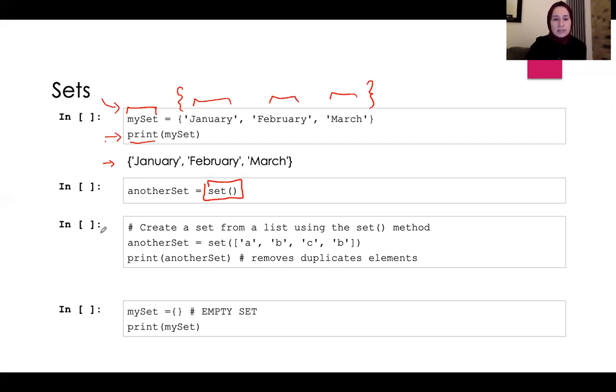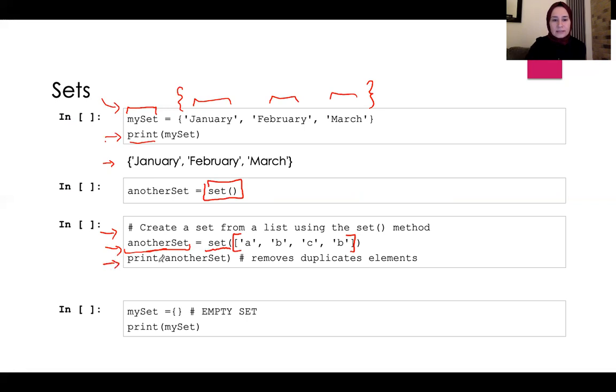It is also possible to create a set from a list using the set method. Let's look at this example here. We have another variable name for another set, and you use the set function here. Then you insert your list inside this set method, and this will make the list a set for you.